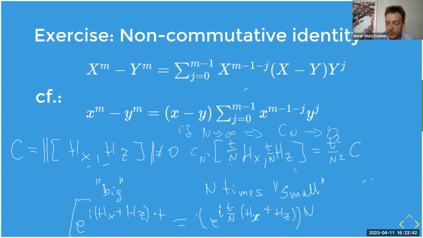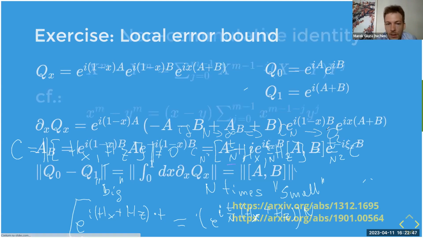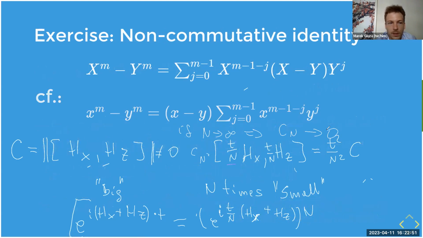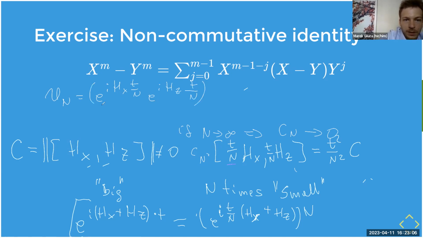Basically, if we consider un, defined as e to the i hx t over n times e to the i hz t over n, then as n goes to infinity, this becomes a product of things that are almost commuting.